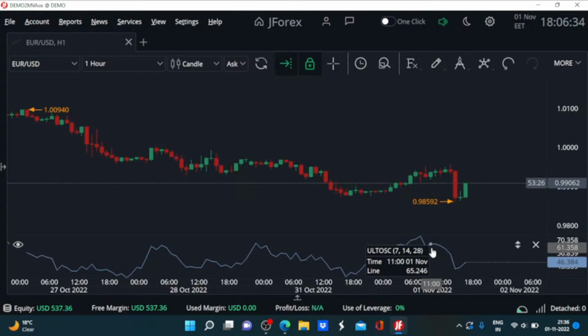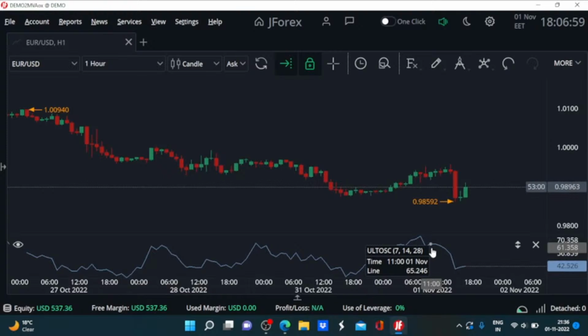Now here the combination is 7, 14 and 28, and more weightage is given to the short time frame calculation. So we apply a weight of 4 for the 7 period calculation, 2 for the 14 period calculation, and the 28 period calculation is simply given the weight of 1. Then the sum of all these three averages is divided by 7.